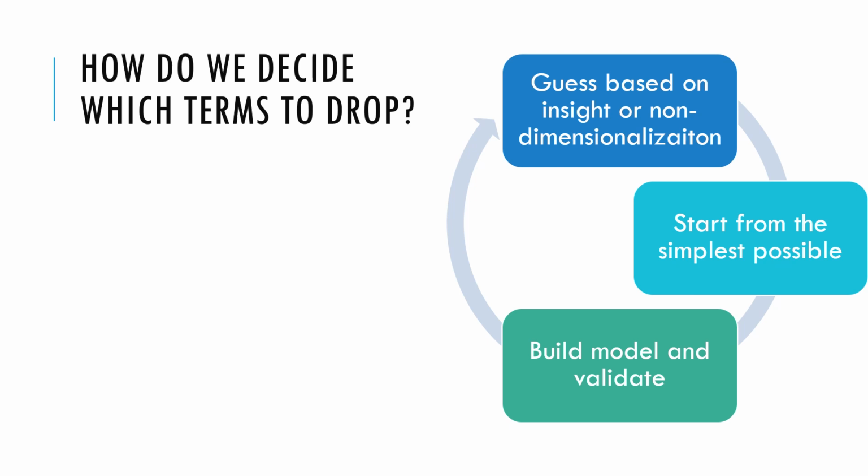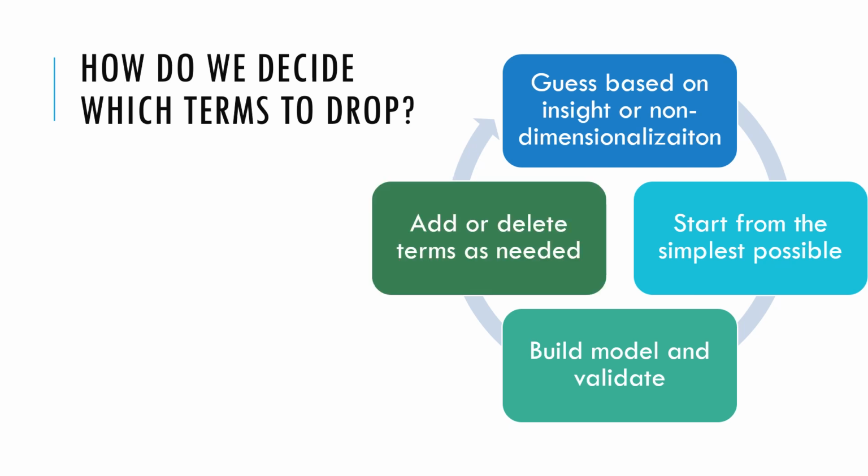So we compare the simulation results from the model with experiment, and that gives us the feedback. The experiment gives us the feedback, and based on that we either add or delete terms as needed.